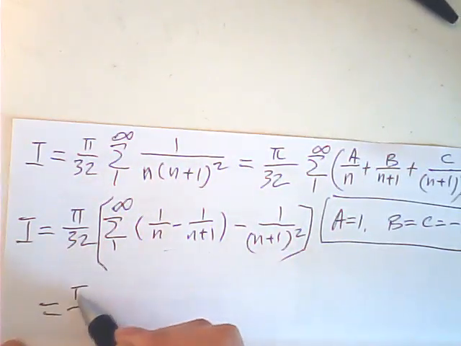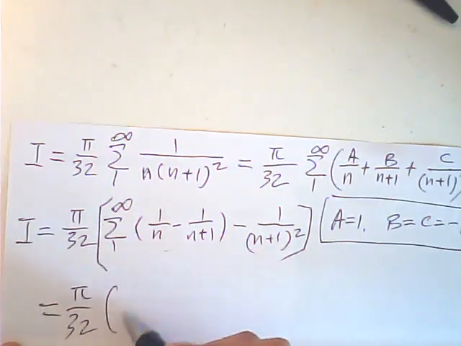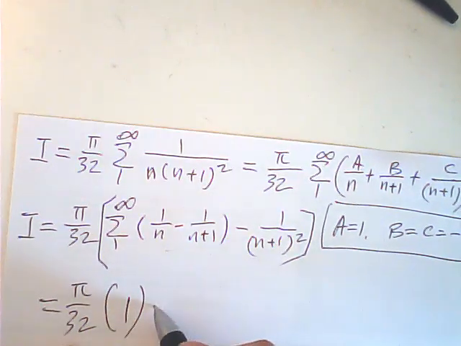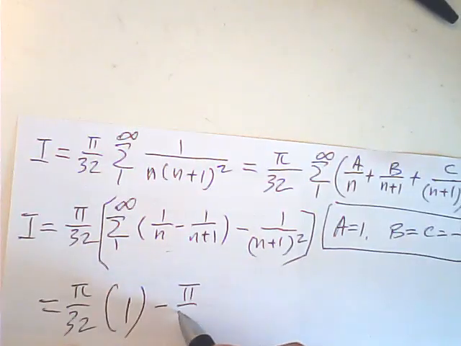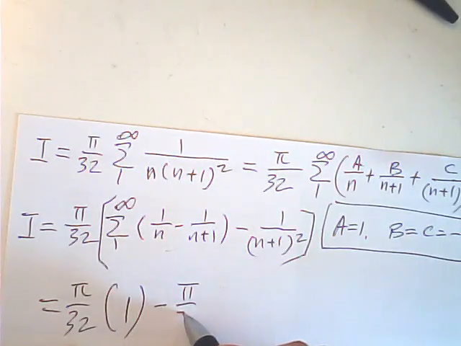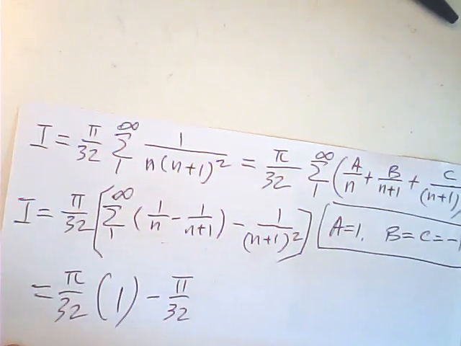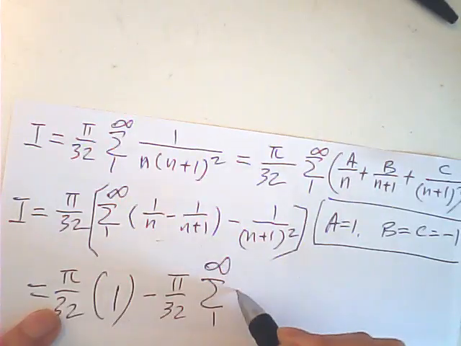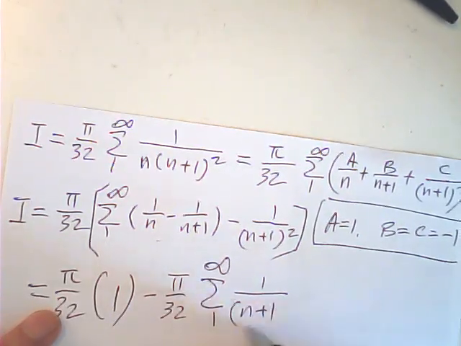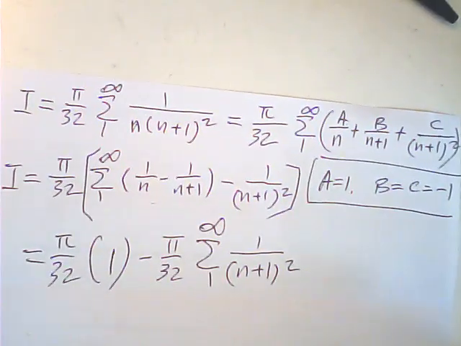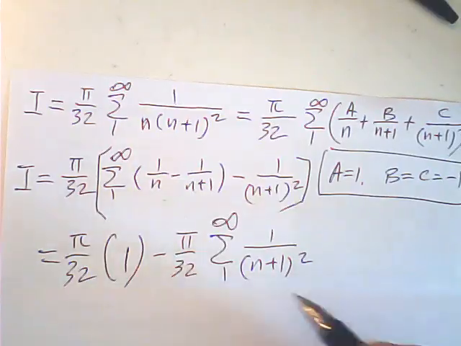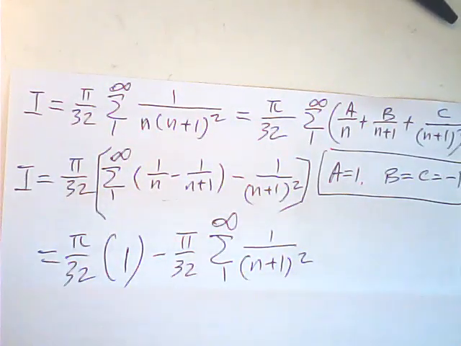So this is equal to 1, right? Yeah. Minus pi over 32 sigma of 1 over n squared. Well, this is a series.